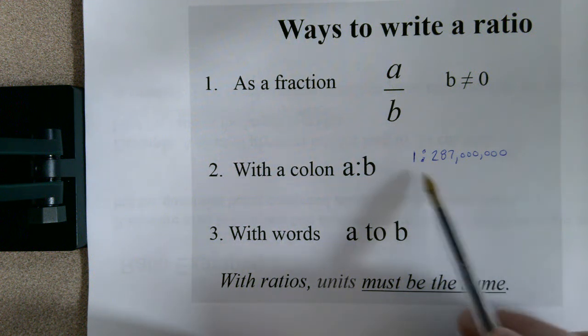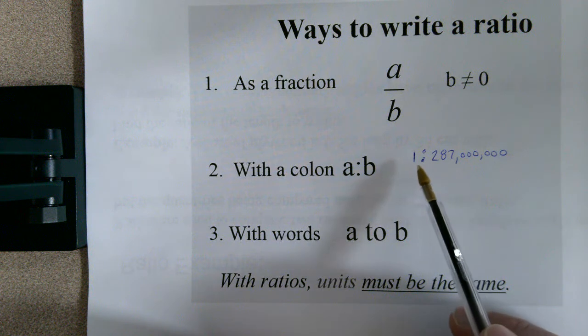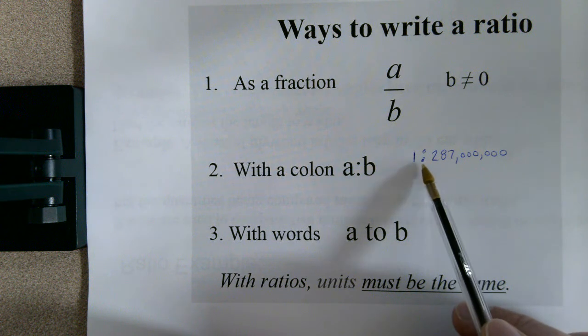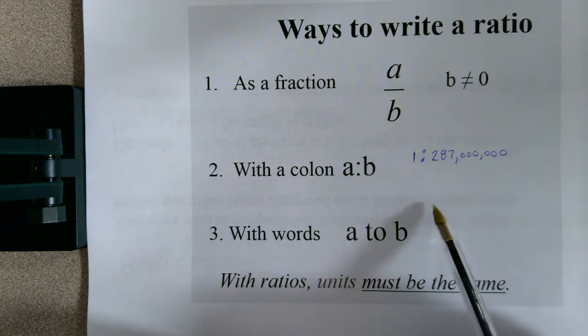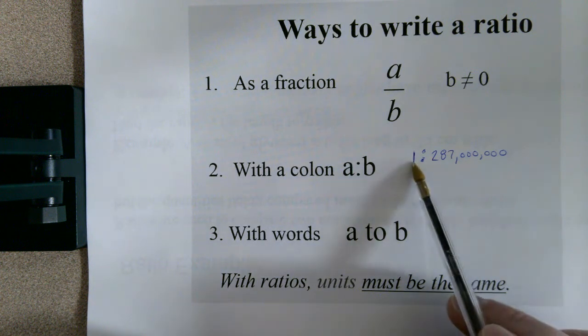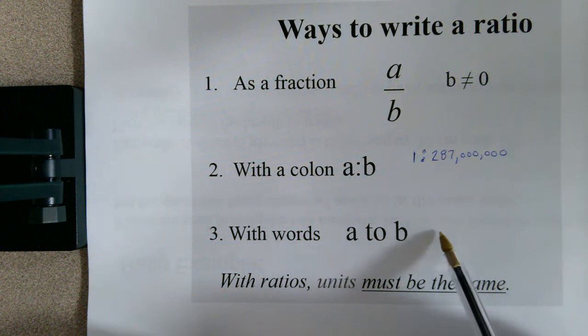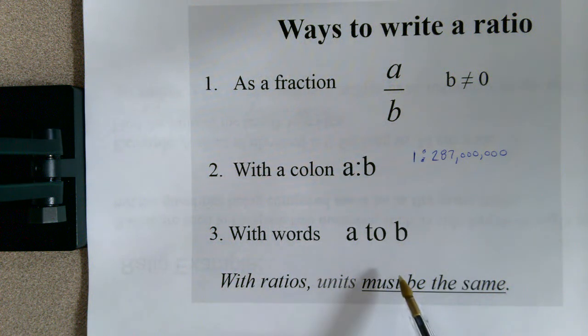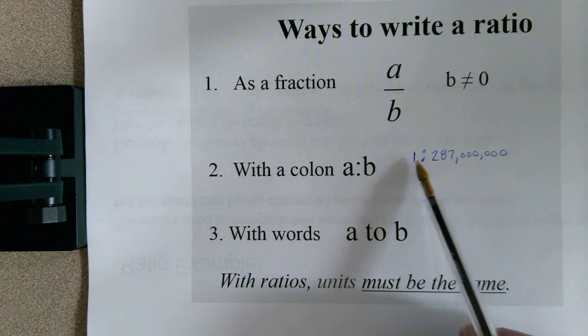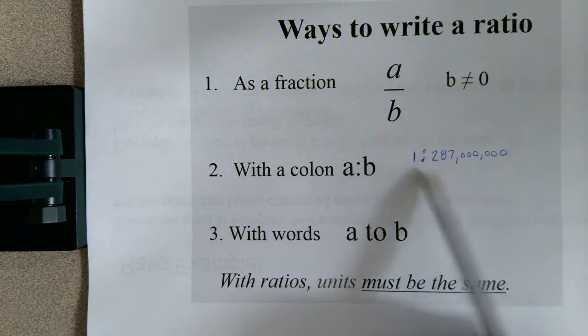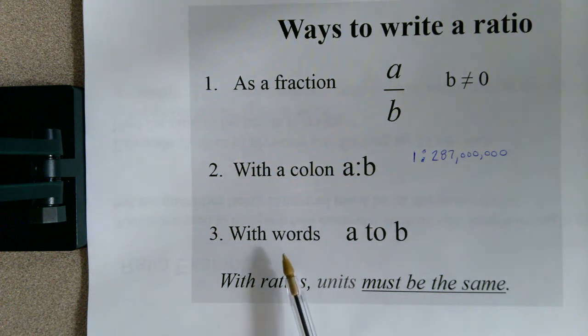I think it was about 900 million. And finally one winner, I think, was it Maryland? Yep. So 1 to 287 million. That's a pretty low chance, I guess, of being able to win in that case.